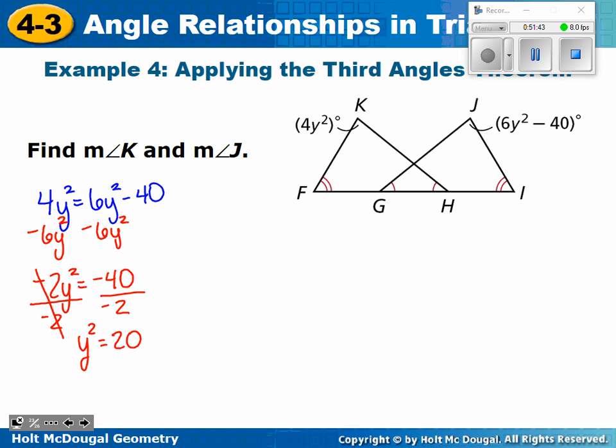So two things here. What do I do whenever I'm solving for y? Okay, I need to take the square root, right? When I take the square root, what do I get for my answer for y? Okay, square root of 20, but you're missing two things. So it should be plus or minus.